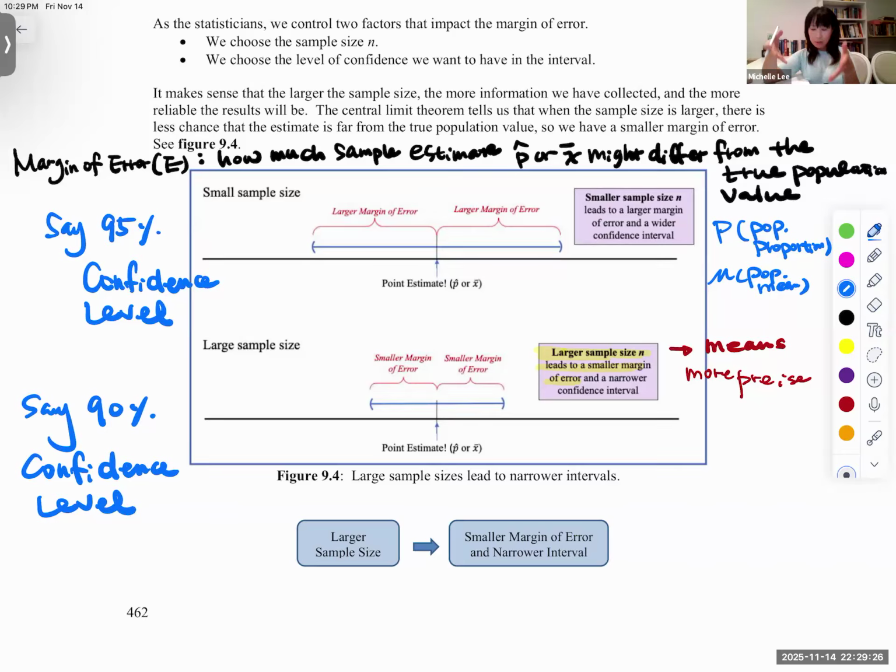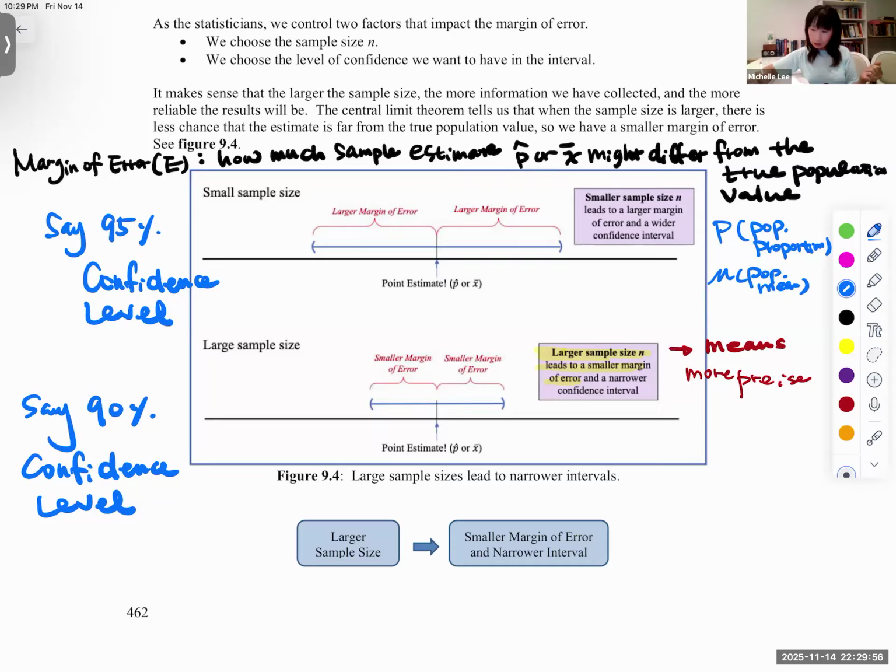If we have a larger sample size, that leads to a smaller margin of error. If we have a smaller margin of error, then we have a narrower interval. Interval is different from confidence level. Make sense?